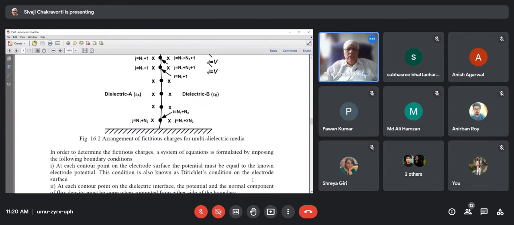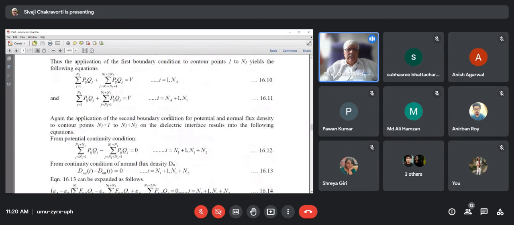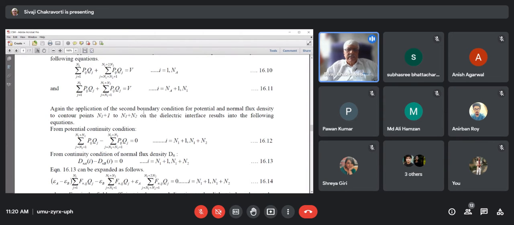That means on the dielectric interface. When I do that, I see that the first term of the equation is common, so they will cancel. If you write that equation, they will cancel, so what will remain is only the second term.